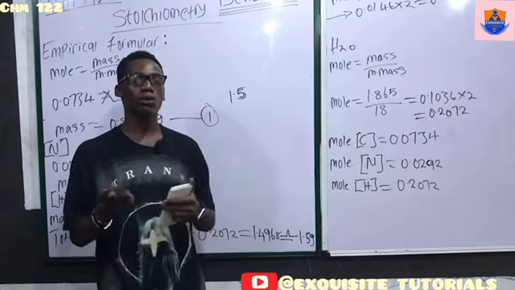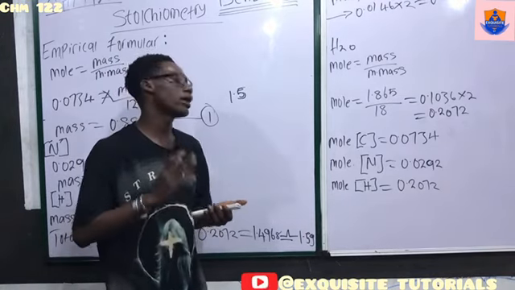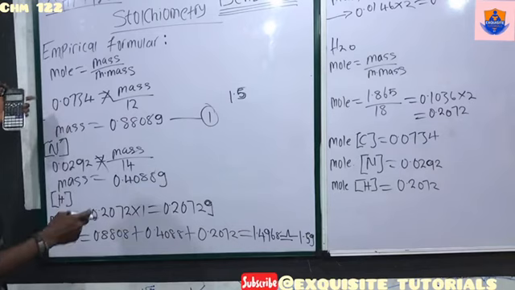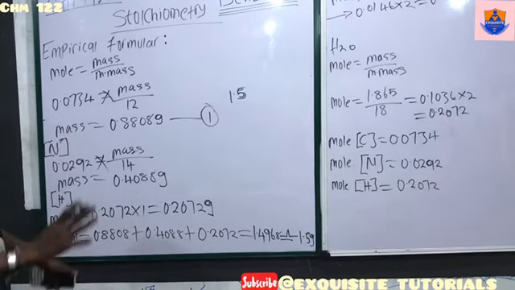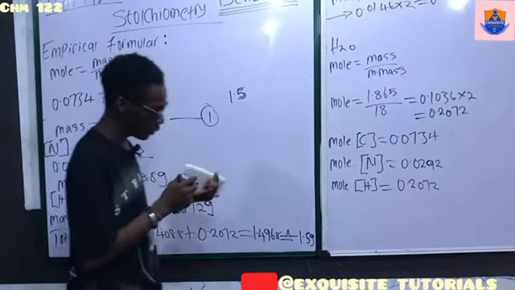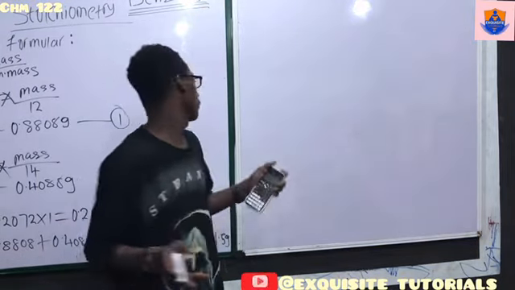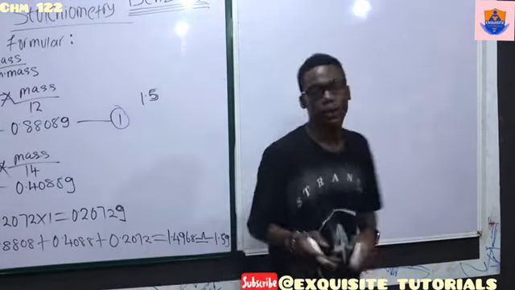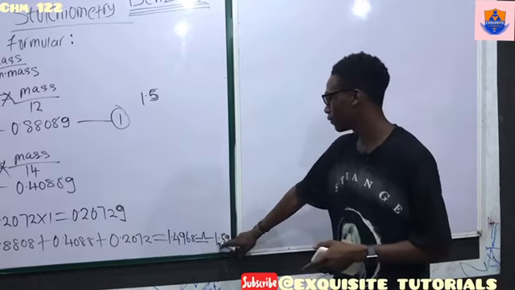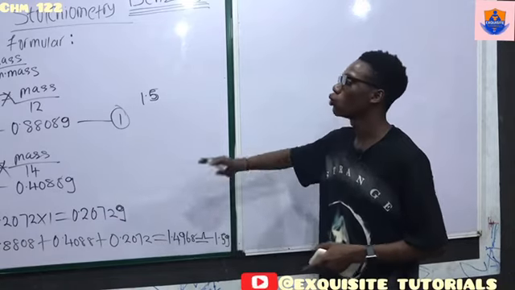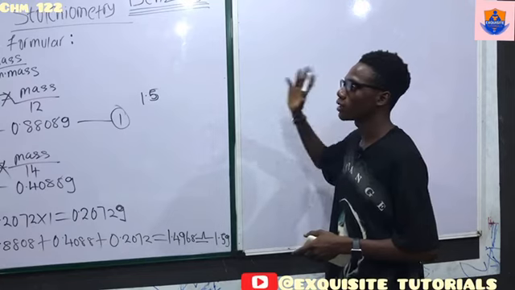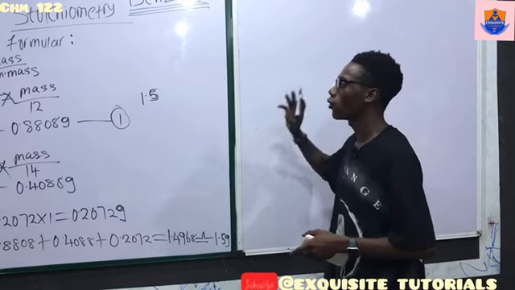So now we're going to be having a sample comprising of only carbon, nitrogen and hydrogen. There is no oxygen. All right, since we already know that the sample here is already 1.5, so there's no oxygen, so we're going to be finding the empirical formula, as I said, that does not have oxygen.